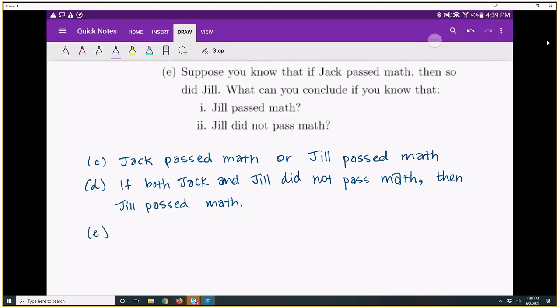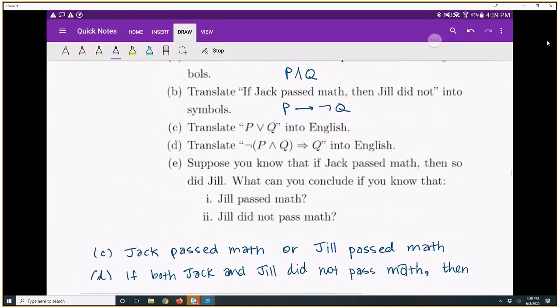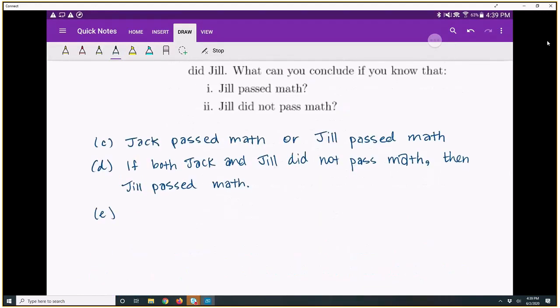Finally, suppose that we know that if Jack passed math, then so did Jill. So we know P implies Q is true. What can we conclude if we know that Jill passed math?